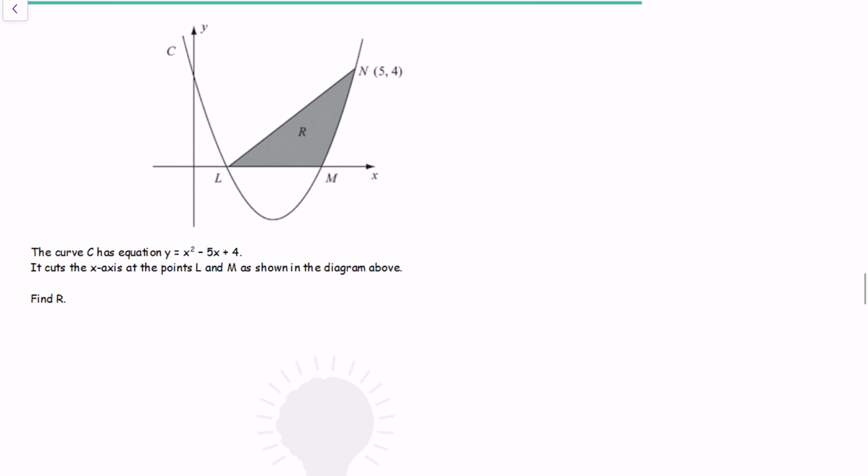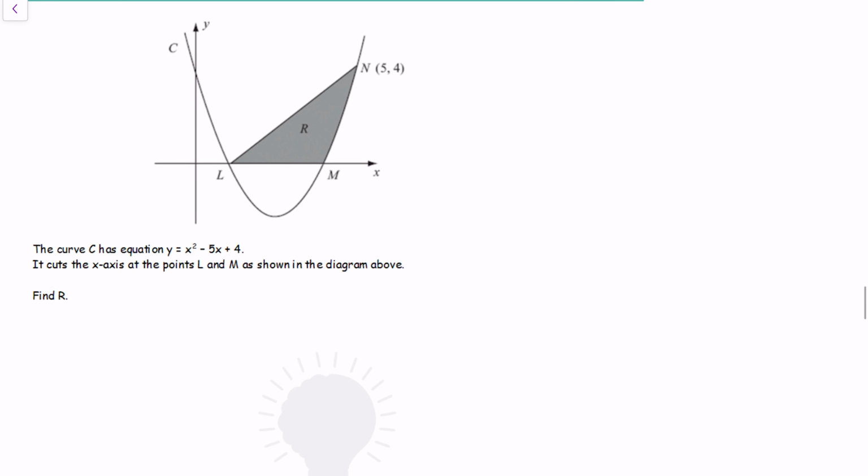So it says the curve C has equation y is equal to x squared minus 5x plus 4. It cuts the x-axis at points L and M as shown in the diagram.